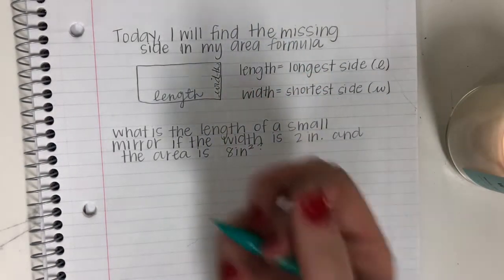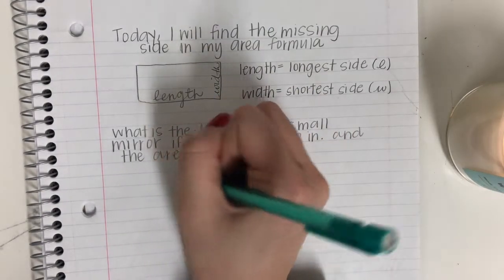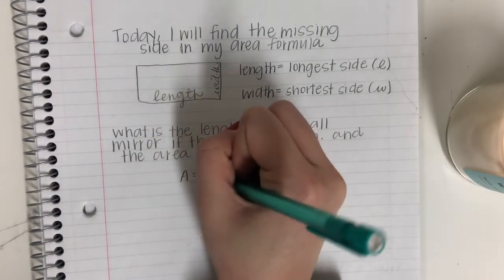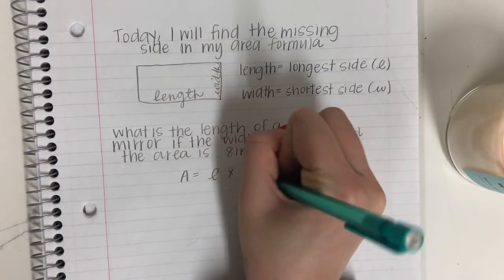First thing I'm going to do is write my formula. I know that to find the area, I have to do A equals length times width.